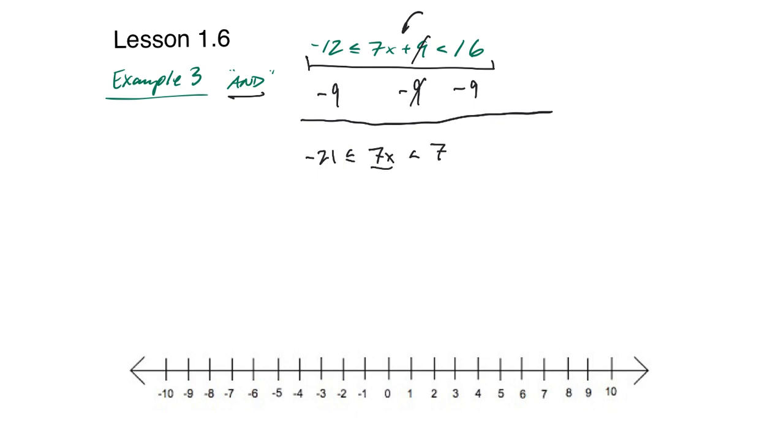Now I divide each section separated by an inequality by 7. So 7x divided by 7, I just get x. It's less than 7 divided by 7, which is 1. -21 divided by 7 is -3. Now remember, I divided by a positive number, so this inequality stays the same. So I have a closed dot at -3 and an open dot at +1, and the line joins them.